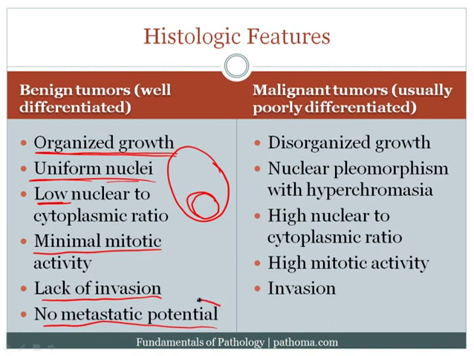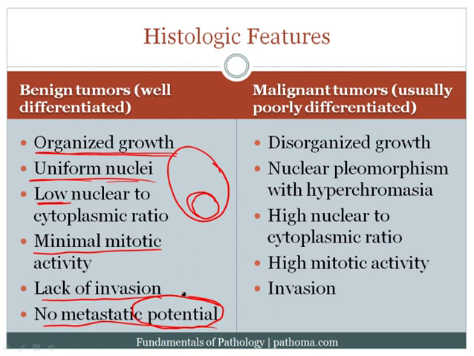And again, this word potential is important because when a biopsy is performed and I see a certain pattern and I call that, for example, a benign tumor, like in the breast, I call that a fibroadenoma, I know that fibroadenomas don't metastasize historically in all the patients that have had fibroadenoma. And that's what makes it benign. And so it has no metastatic potential in the patient who's now developed a fibroadenoma as well. So those are some histologic features of benign tumors.